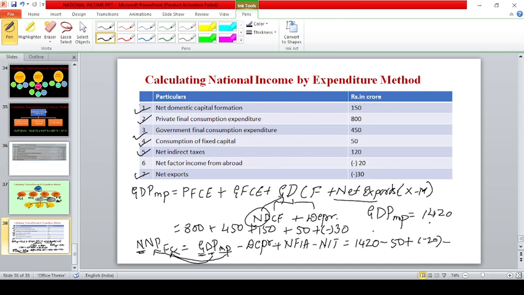NIT is over here, that is plus 120. When you calculate all this, we get the answer as 1230 rupees, 1230 crore. So that is our national income by expenditure method.